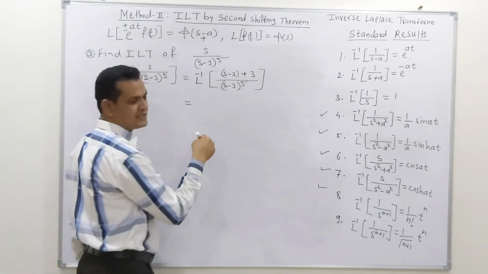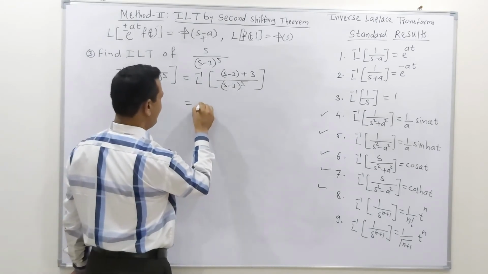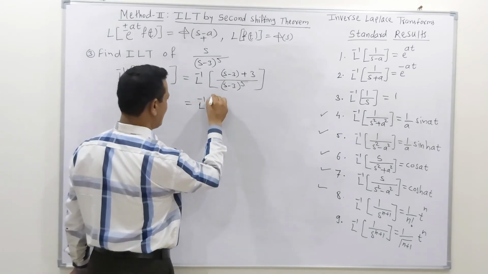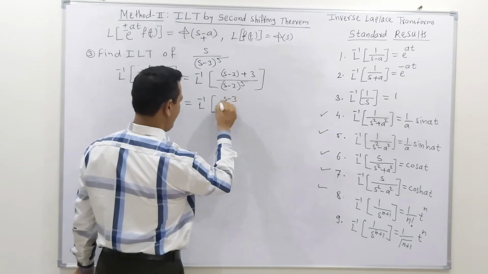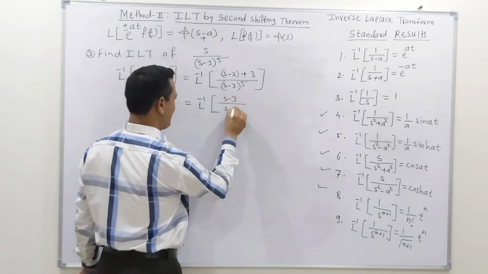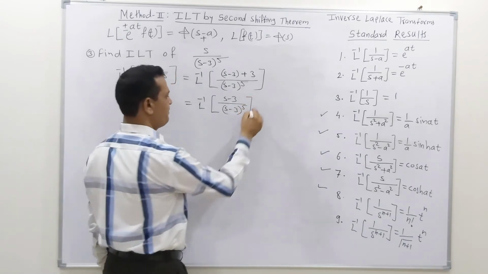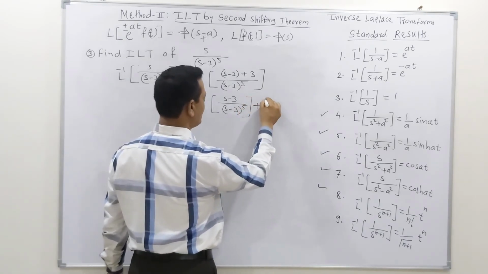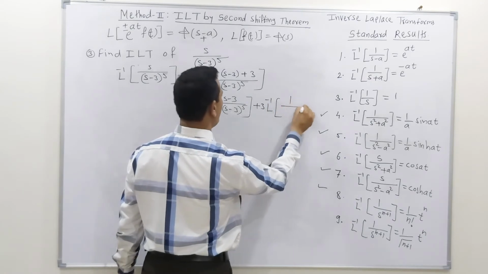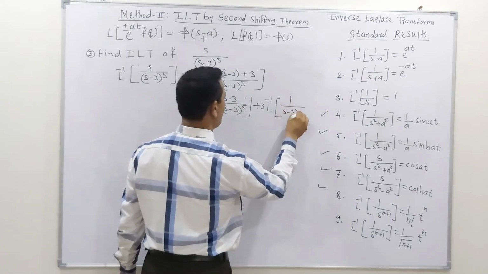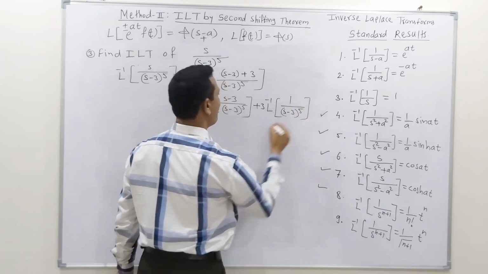Now if we apply the second shifting theorem concept, we get the inverse Laplace transformation of (s minus 3) upon (s minus 3) raised to 5 as the first term, then 3 is a constant, times the inverse Laplace transformation of 1 upon (s minus 3) raised to 5.